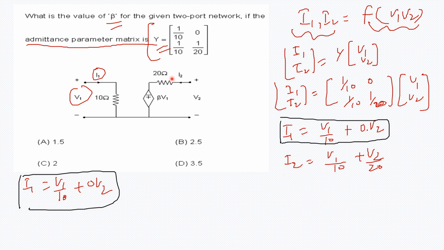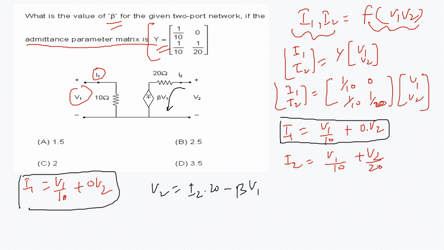How can I write my I2? Let us focus on this part of the circuit. If I apply KVL in this loop, I get V2 equal to I2 into 20 minus beta V1.